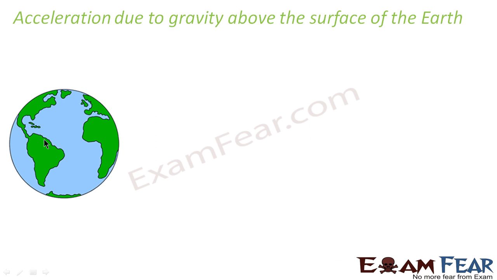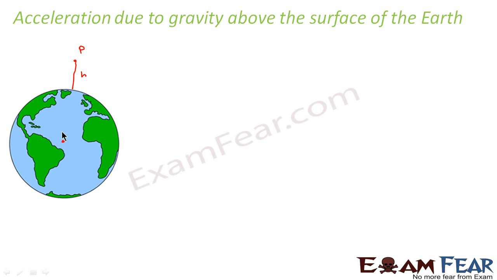Let us suppose that this is our Earth. We want to calculate the value of acceleration due to gravity at some point P, which is at a distance h from the surface of the Earth.